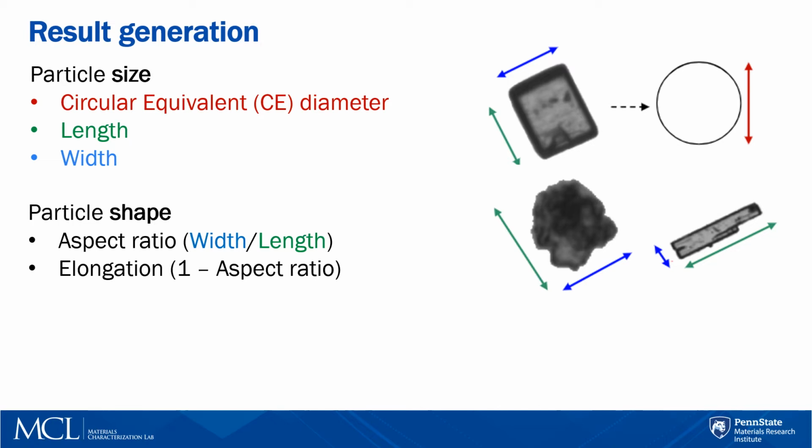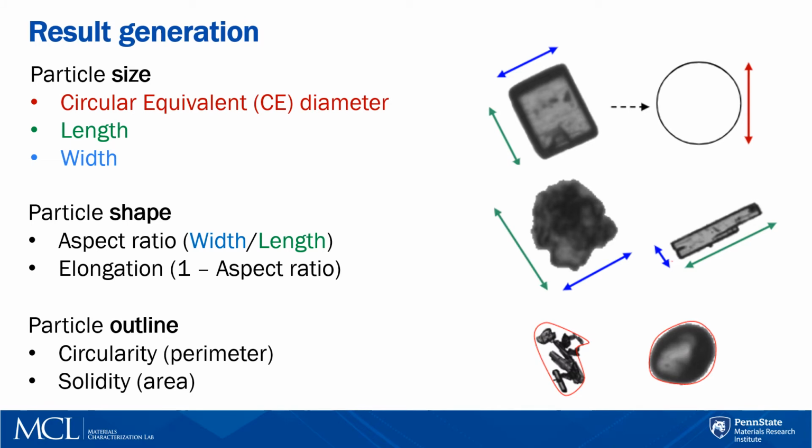Elongation is 0 for a perfect sphere and 1 for fiber-type particles. Circularity and solidity show the degree to which the particle is similar to a circle. For example, the further away a particle deviates from a perfectly round, smooth circle, the lower the circularity value is.